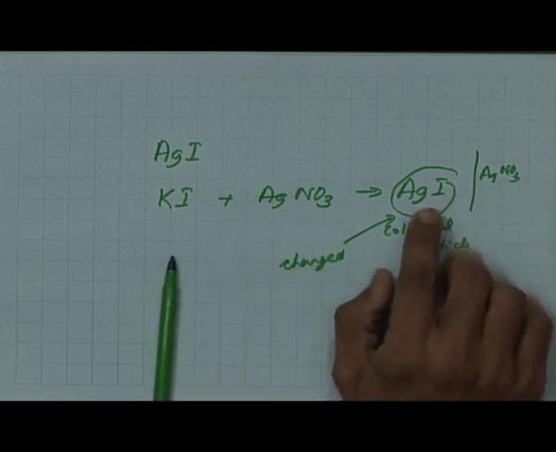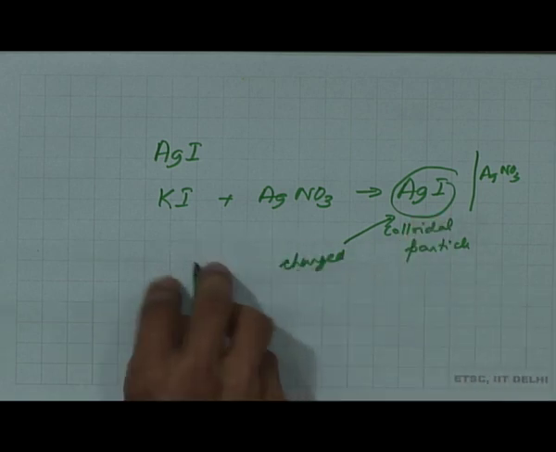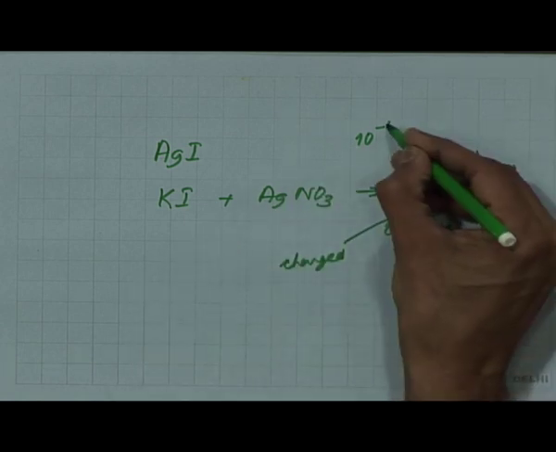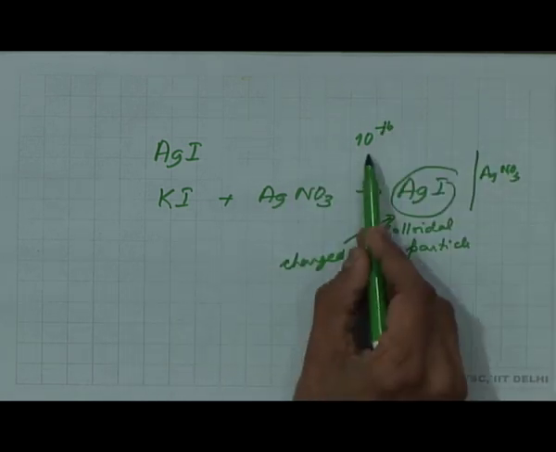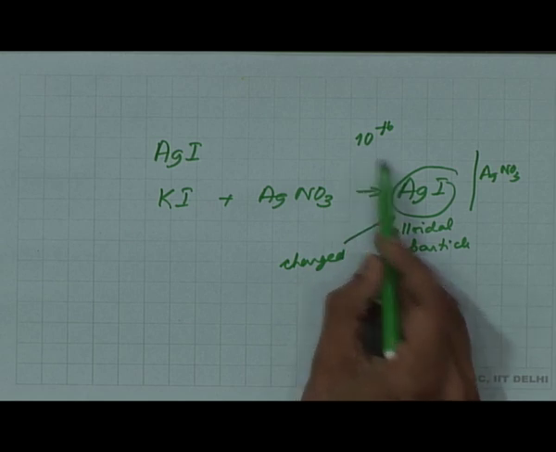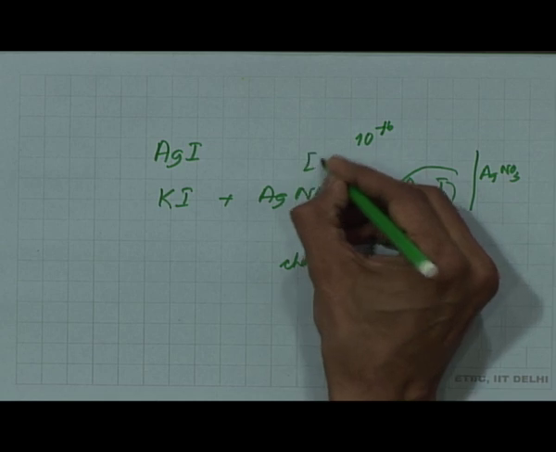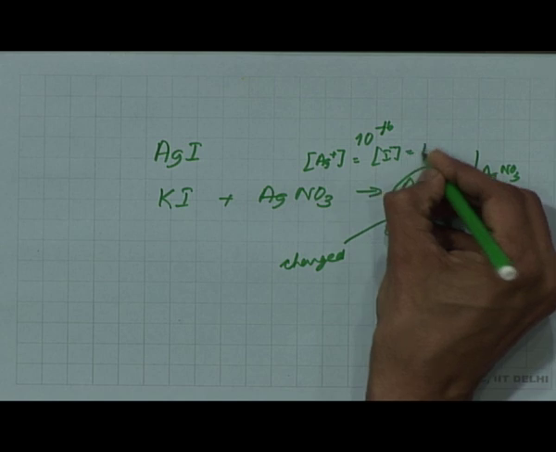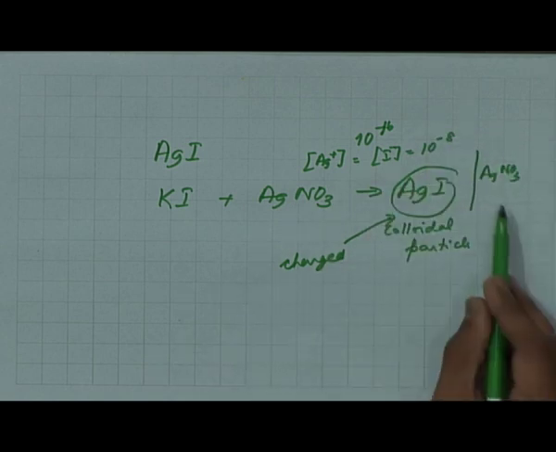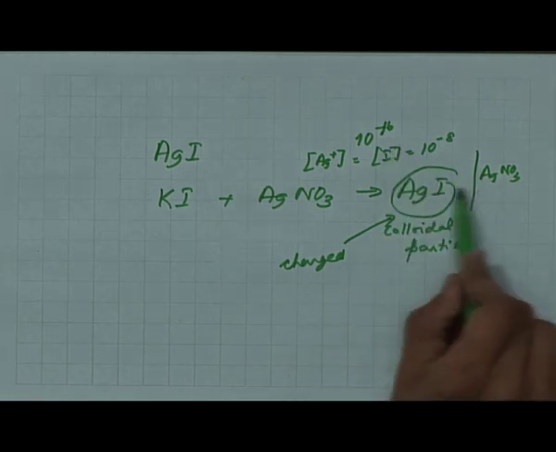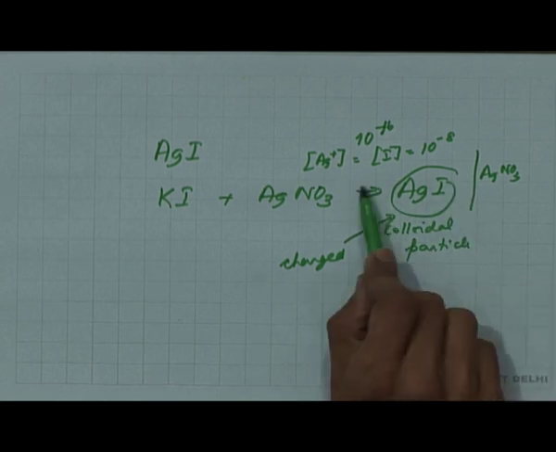You see, there is a solubility product for silver iodide, right. The solubility product is 10 to the minus 16. So, if you have equal concentrations of silver and iodide, then you expect that each of these concentrations is 10 to the minus 8. But now, if the concentration of one of these is higher, then appropriately to meet the solubility product, you have to adjust the concentration of the other one.